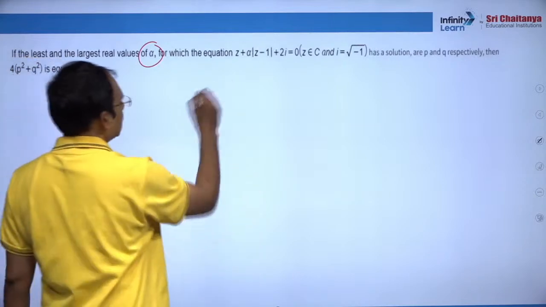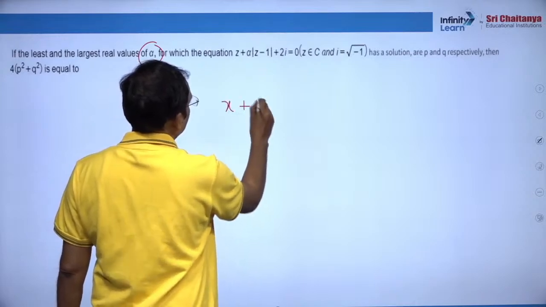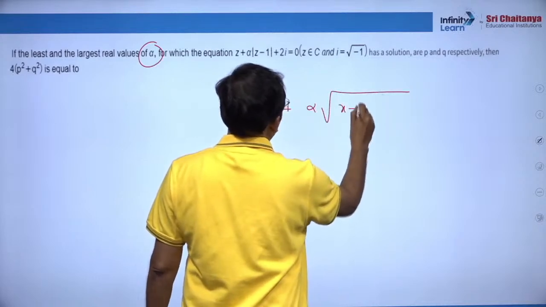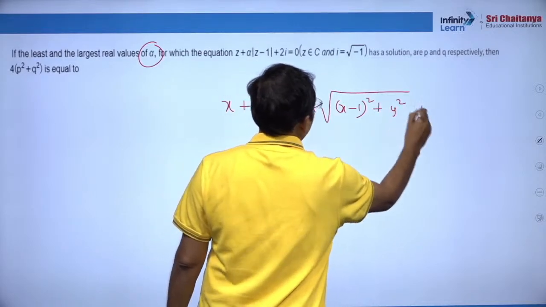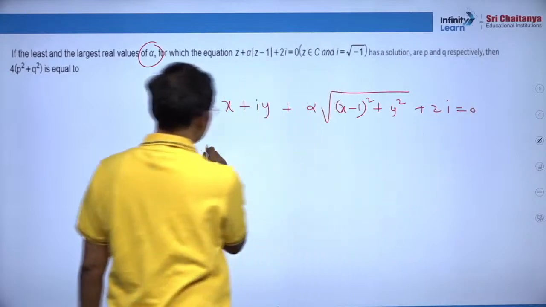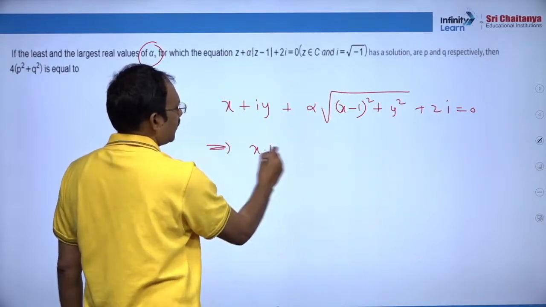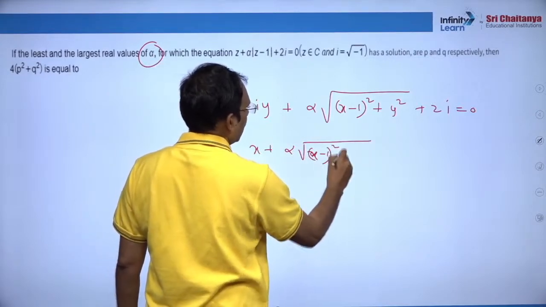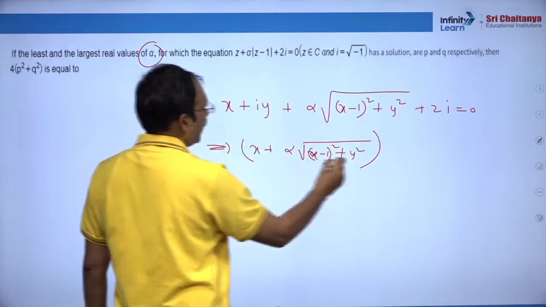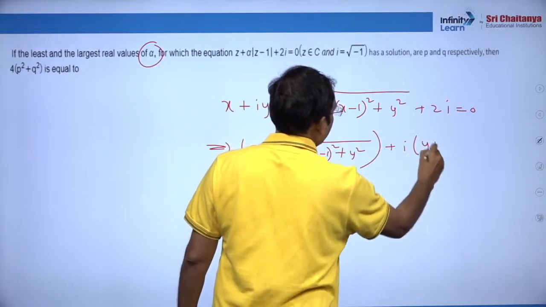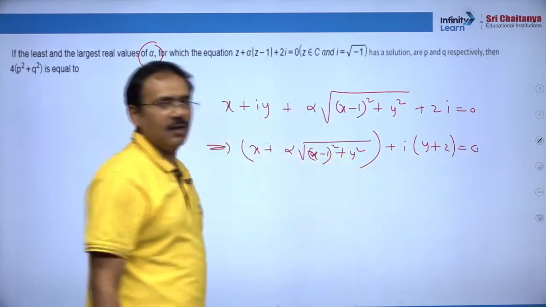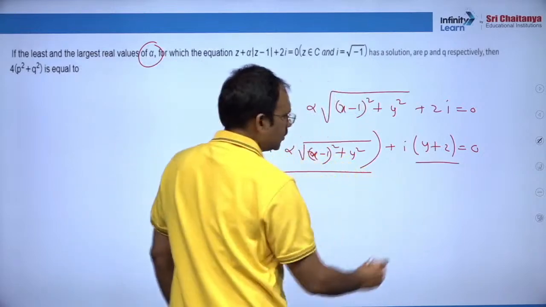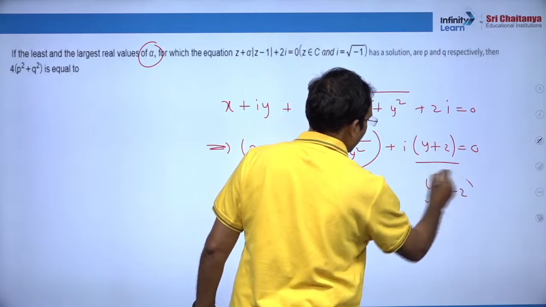This is, friends, you can take z is equal to x plus iy, plus some alpha into mod z minus 1, which is root of x minus 1 whole square plus y square, plus 2i is equal to 0, which implies real part x plus alpha into root of x minus 1 whole square plus y square, plus i into y plus 2 is equal to 0. So, if a complex number is 0, real part must be 0 and imaginary part must be 0. So, y value must be minus 2.